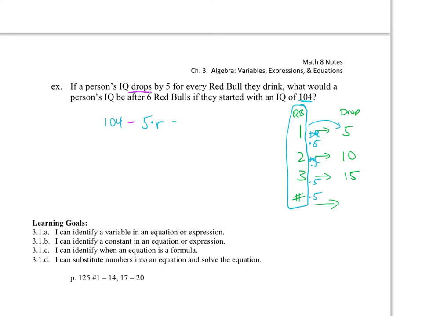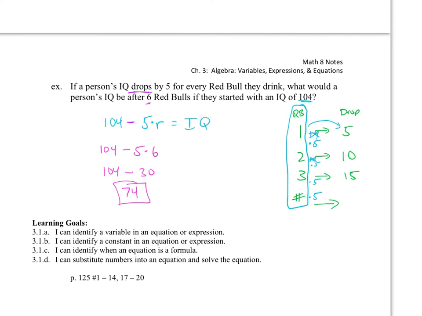And that's going to equal your IQ. So now I have what I'm going to use here, 104 minus 5 times Red Bulls. So if I have 104 minus 5 times, and in here it says we have 6 Red Bulls, 6, we have 104 minus 30, because we have to follow order of operations. 104 minus 30 is 74. So there's my final answer.